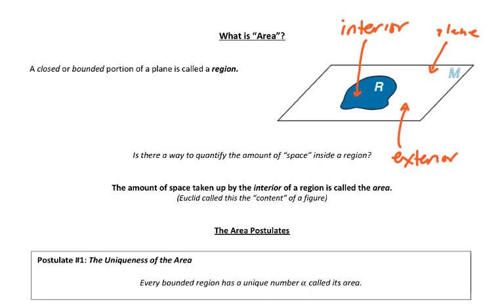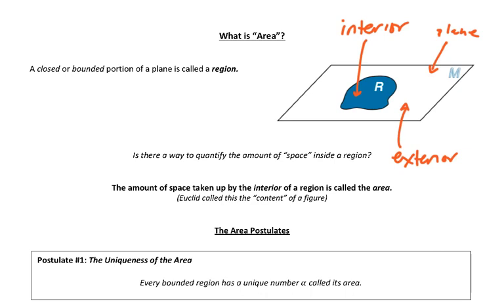Area cannot be defined in the same way that we've defined many of our other terms this unit. In fact, when Euclid talked about area, he struggled to define what it was. He called it content instead of area, but he agreed that maybe it's something that we can't formally define, but we can think of in terms of describing it.